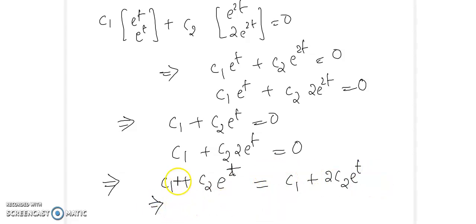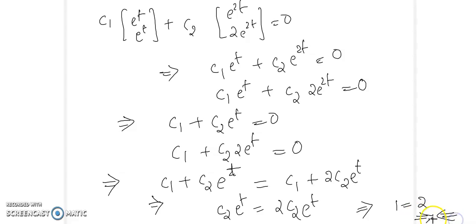And now C1 will cancel out both sides, so that will give C2 e raised to t equal to 2C2 e raised to t. So this will imply 1 equal to 2, which is a contradiction.